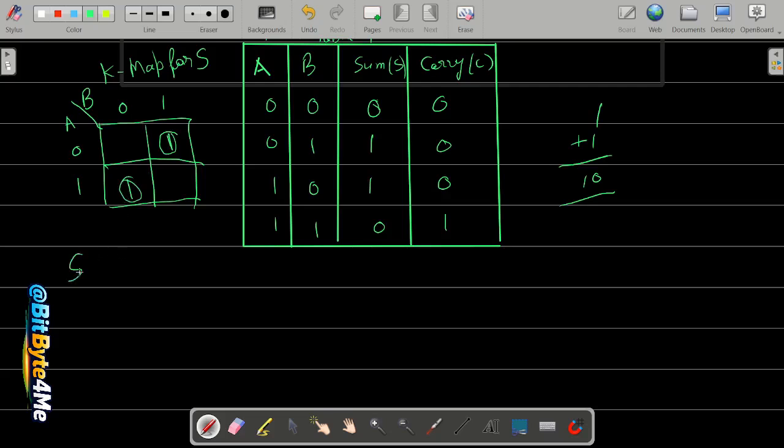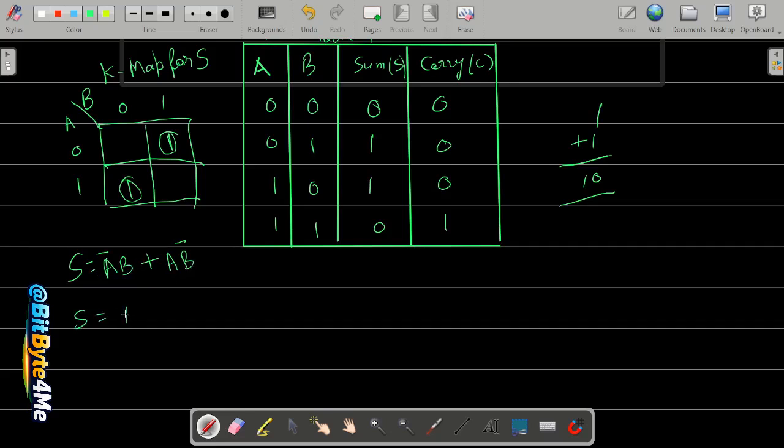So you will get the equation S is equal to, for this you will have on this side value of A as 0, so A will be written as A bar, and on this side value of B as 1, so B will be written as B as it, plus for this one, on this side the value of A is 1, so we will write A, and on this side value of B is 0, so we will write B bar. So this is A bar B plus A B bar.